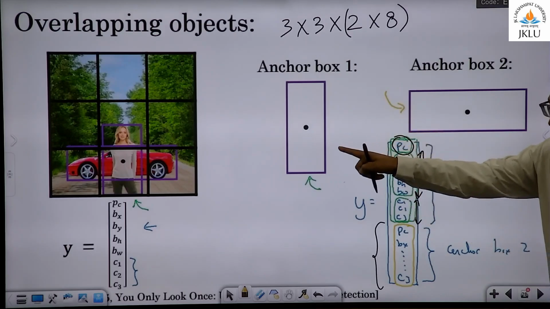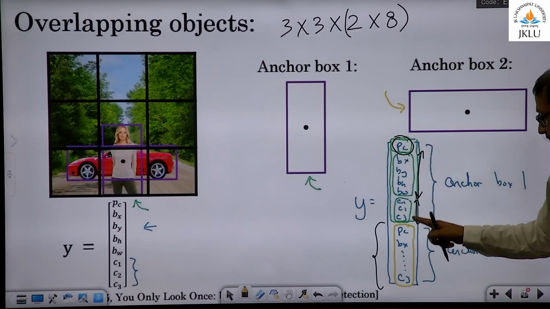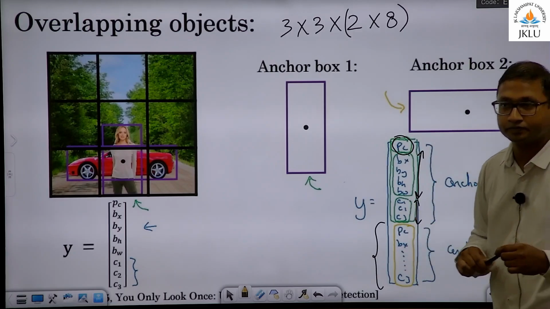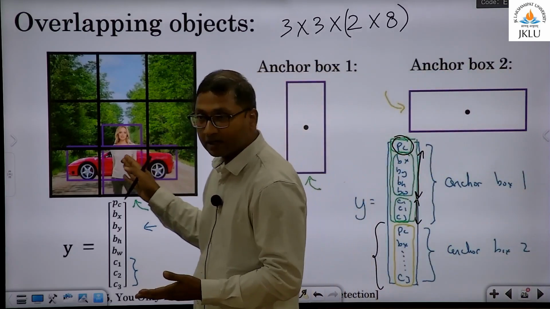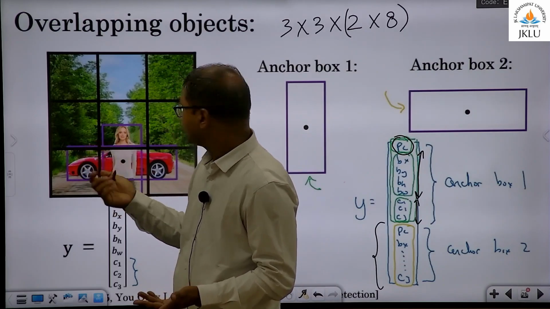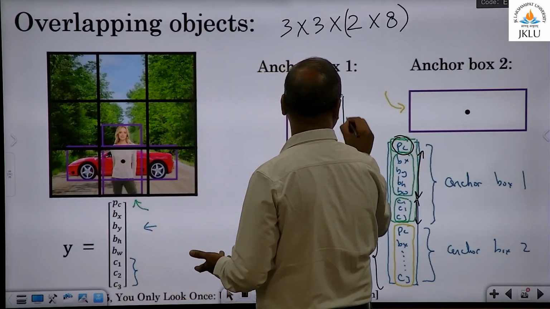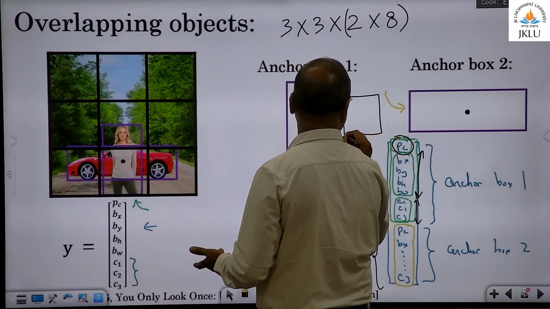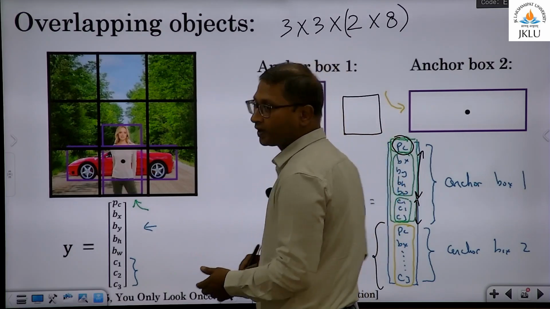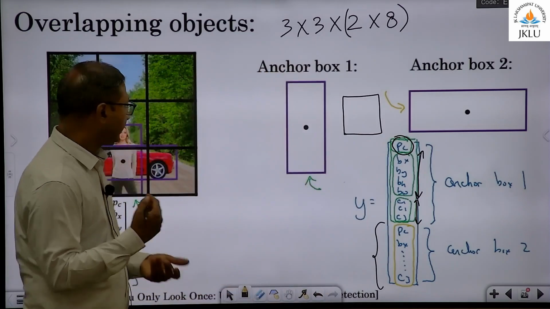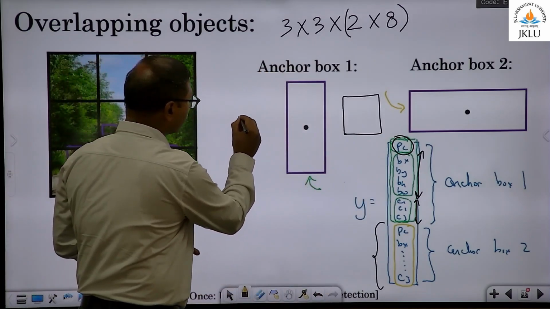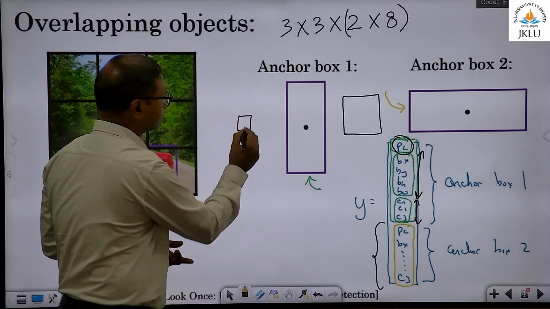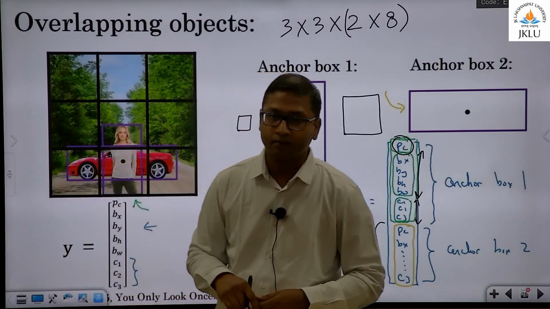And anchor box 2 is supposed to detect the car. If I have 5 anchor boxes, then let's say there is yet another one with a square thing, go ahead with that. You have yet another thing with smaller square, do whatever, okay.